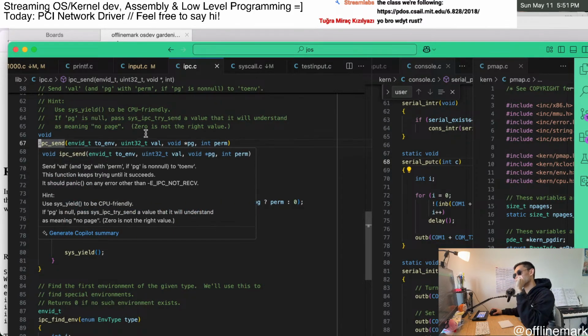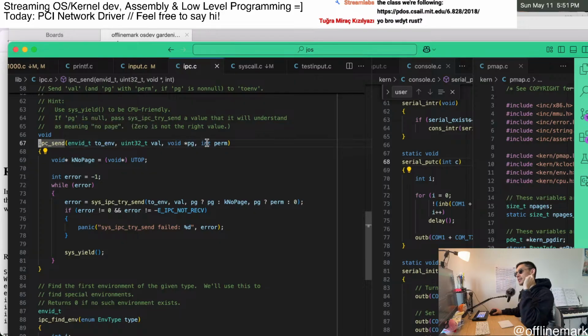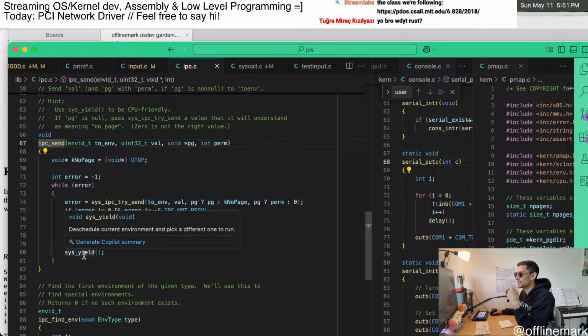What a process does is it calls IPC send and passes the ID of another process on the system, and all it really does is call the system call try send, and then it yields every time actually, which is interesting.